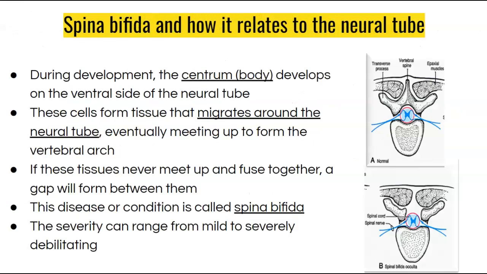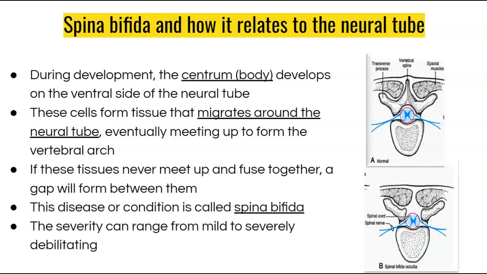Now, we've been talking about how things would typically work if you were to have a typical development structure. However, sometimes that doesn't happen. And when your neural tube doesn't actually close, you get a disorder called spina bifida.